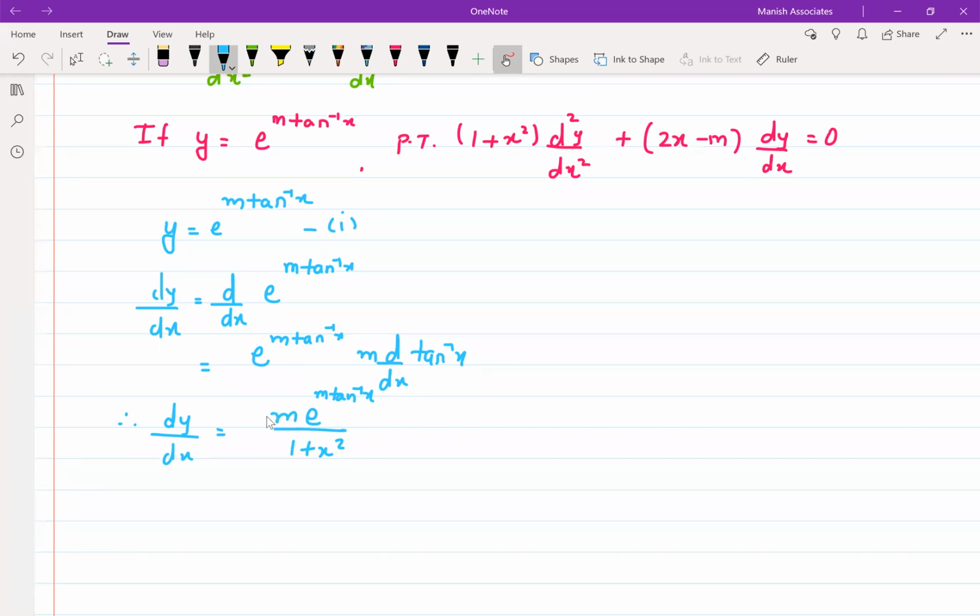Now I told you this step is a very, very crucial step, very important step where you have to be careful about whatever eliminations are required. I see that I don't require e raised to m tan inverse of x in the final answer. So might as well I eliminate here only. I'll call it as my upon 1 plus x square. Because answer में कहीं पे भी e raised to m tan inverse of x नहीं है. So I'll try to eliminate it in the initial stage only.